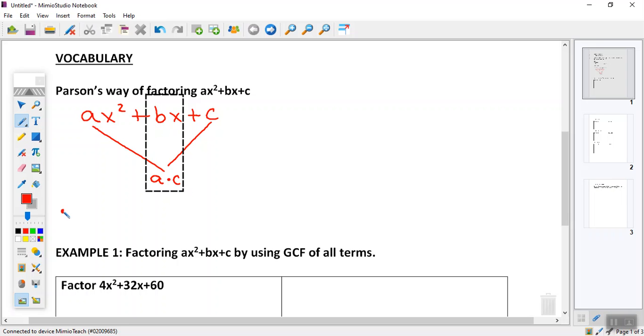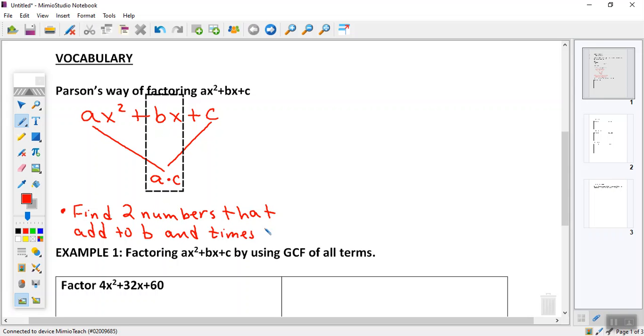Same kind of principle right down here. You're going to find two numbers that add to b and multiply to ac. All right, you're like, what the heck does that mean, Parson?